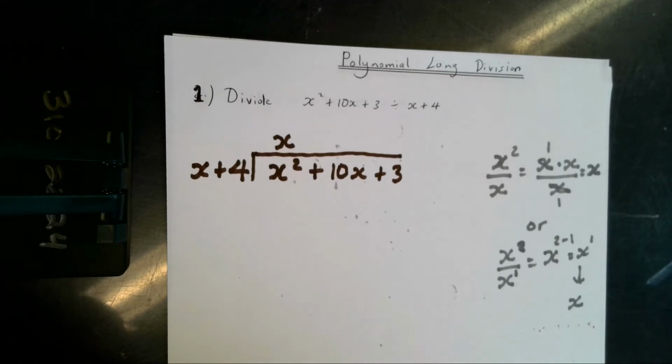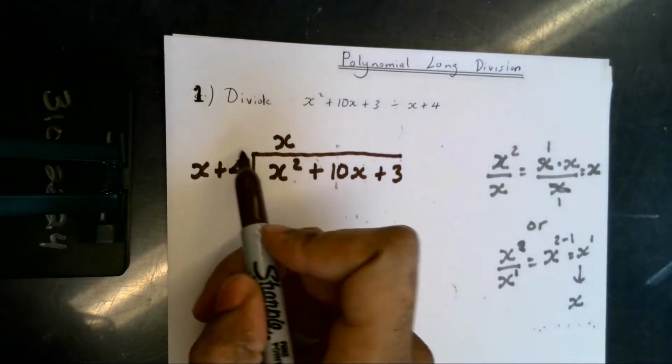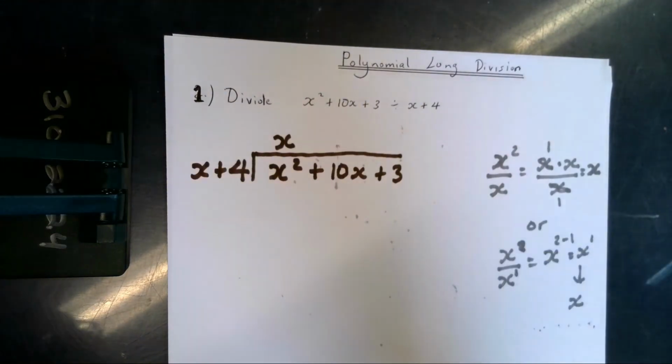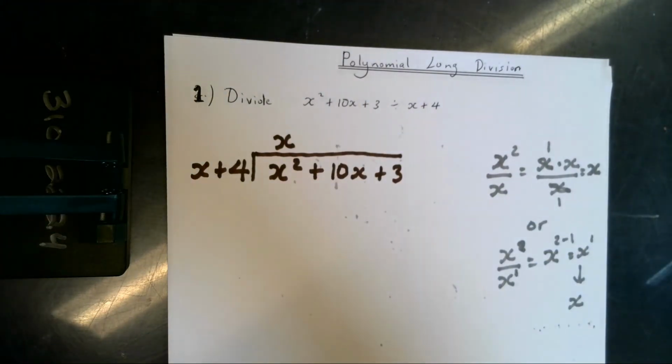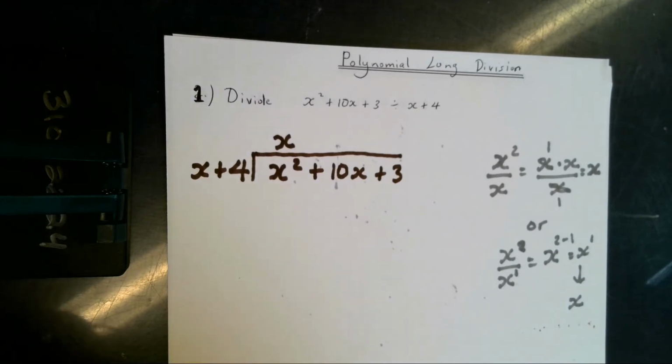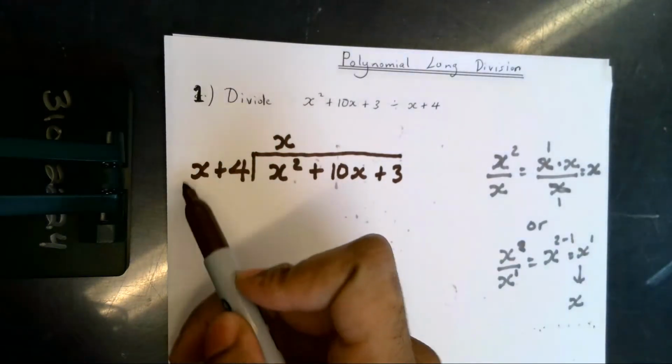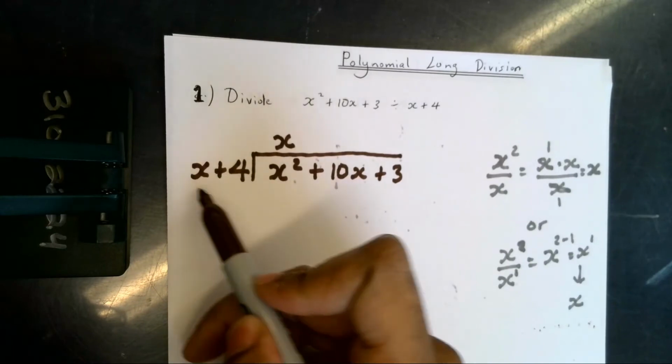Next step, I'm going to multiply my divisor by x, just like what we did in the previous slide. We're using the same principle for normal long division. So we're going to multiply our divisor by x.